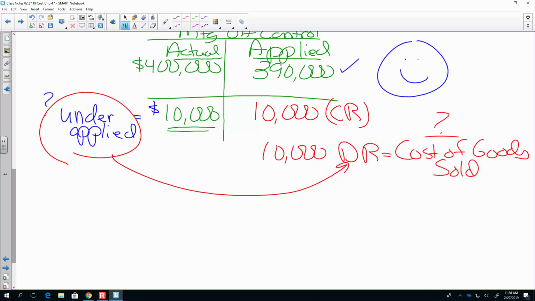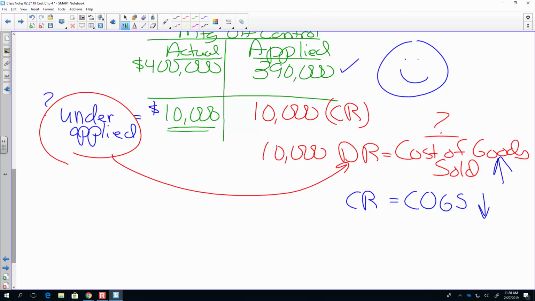If it's over applied, guess what? It's the opposite. I'm going to credit cost of goods sold and debit manufacturing control. If I credit cost of goods sold, it's coming down.